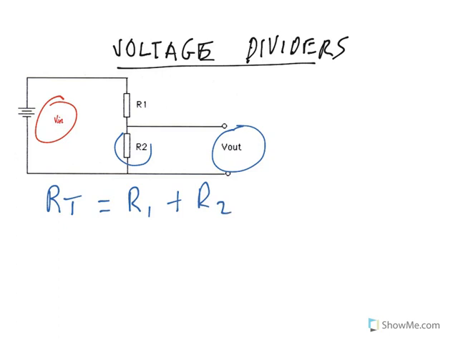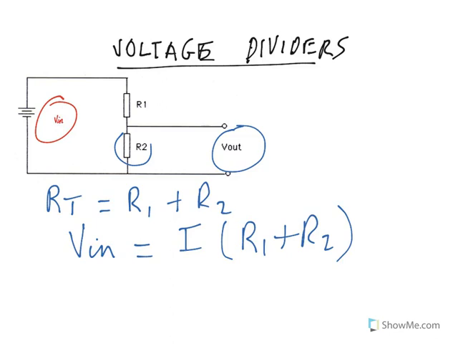So on that left hand side, we know that V in would be the current in the circuit times the resistance of the circuit, which is R1 plus R2. Alright, so that's that.